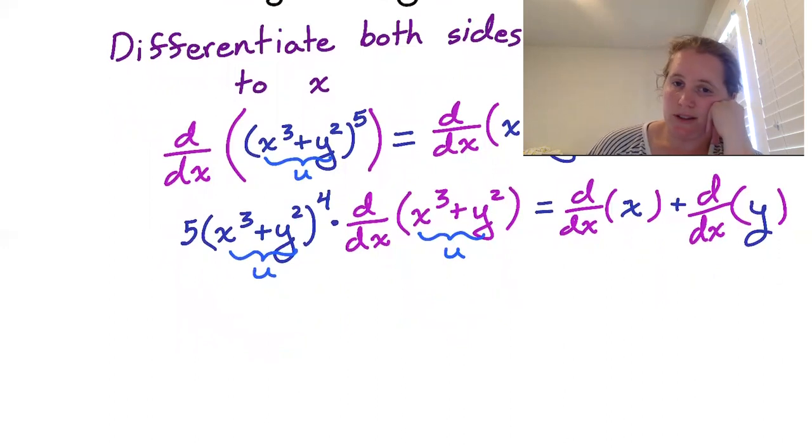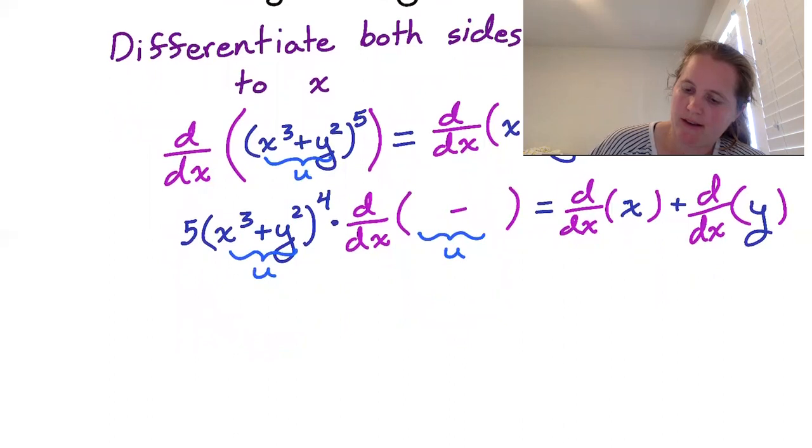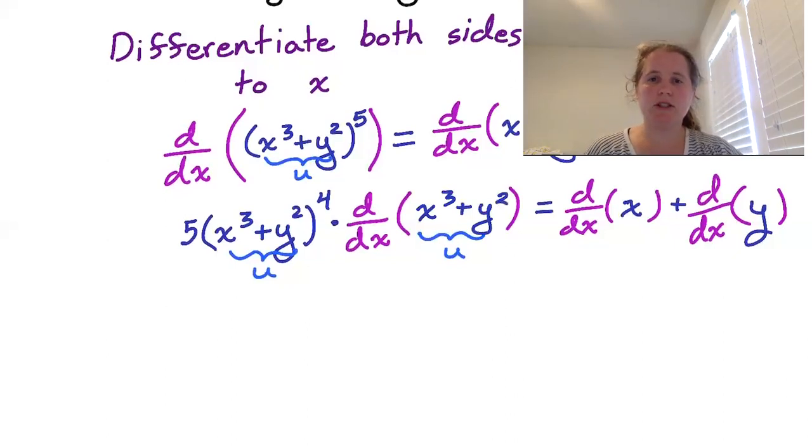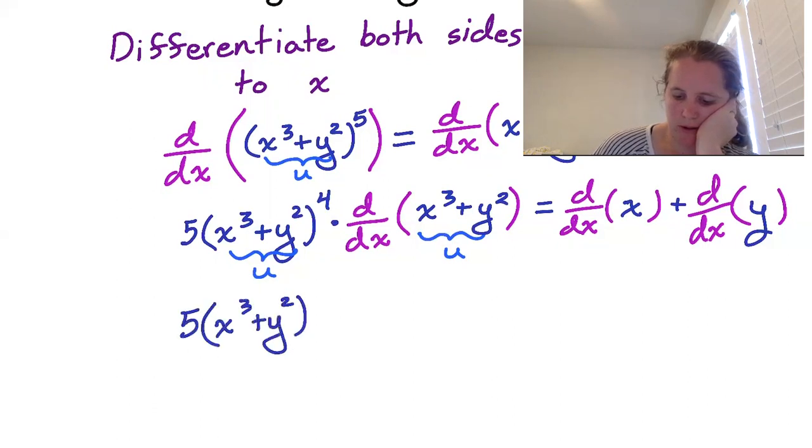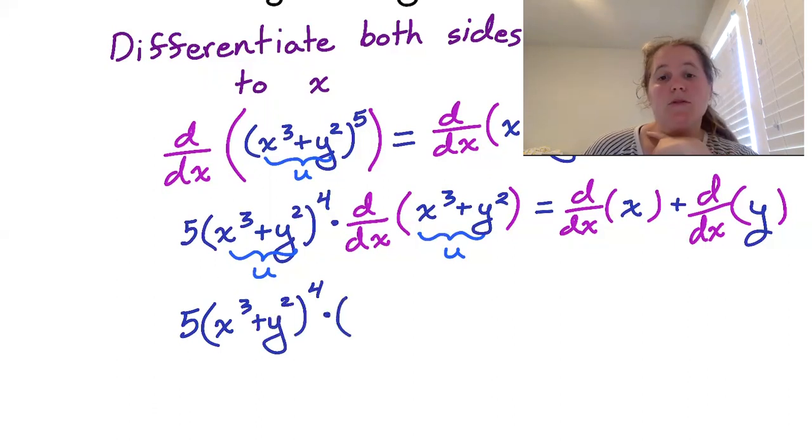From here, we need to differentiate the x cubed plus y squared. So this was x cubed plus y squared, and if we differentiate that, we now have 5 times (x cubed plus y squared) raised to the 4th power, times the derivative of x cubed with respect to x, which is 3x squared.